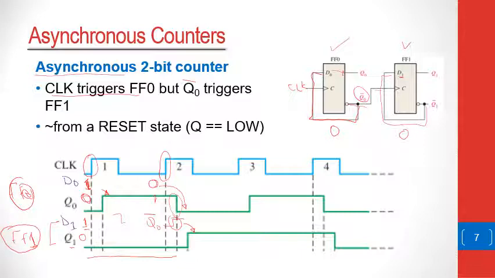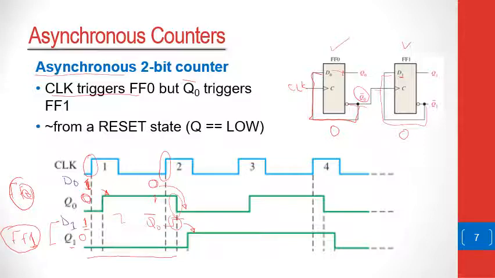If we follow that sequence, you will notice two things here. First of all, it takes a finite amount of time for D to propagate into Q. There's a propagation delay because the circuits themselves will have propagation delay.